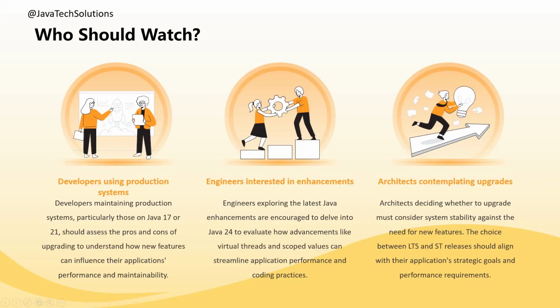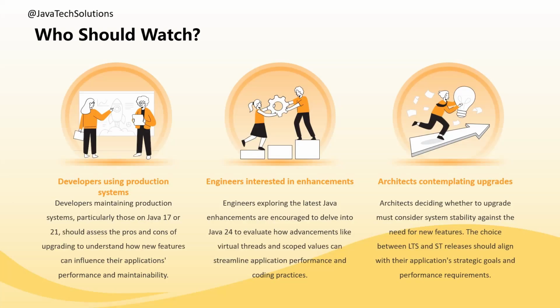Now we'll talk about who should watch this presentation. Developers maintaining production systems, particularly those on Java 17 or 21, should assess the pros and cons of upgrading to understand how new features can influence their application performance and maintainability.